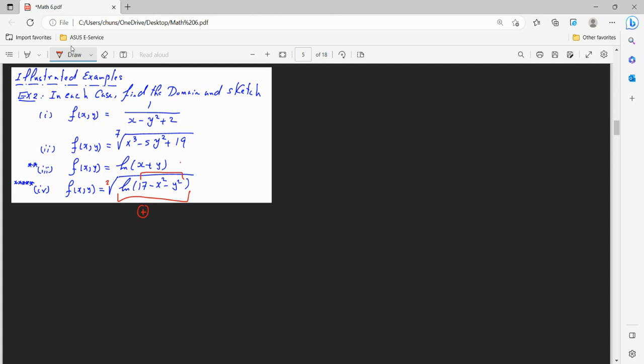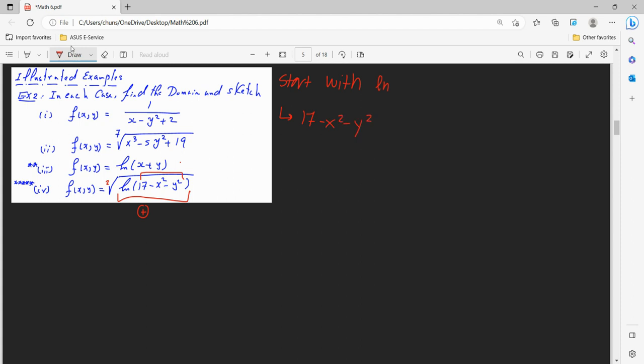Because we have 2 nested conditions, we're going to start off using what's inside our ln. Let's start with the ln, because if your ln is not permissible, then your radical won't be. That's why we're only going to isolate this part. We're going to start with 17 minus x squared minus y squared.